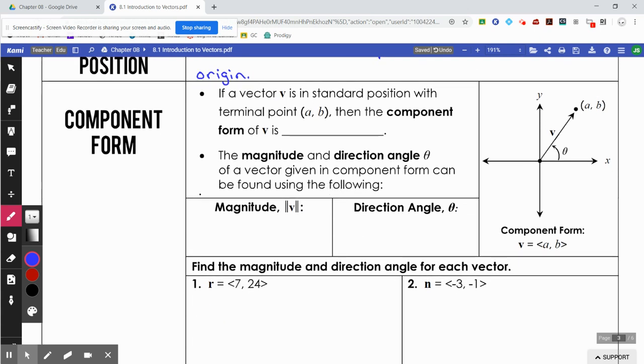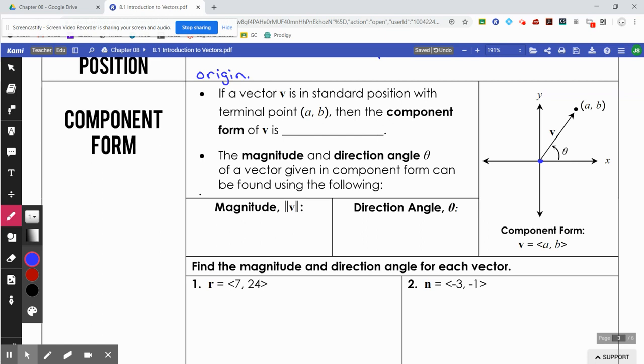Okay, component form. If a vector v is in standard position with the terminal point at (a, b), then the component form is <a, b>. In the last section, we gave you an initial point and a terminal point. The terminal point is where it stopped. In standard position, our initial point is always (0, 0), so we don't have to list it because we know where we're starting from.